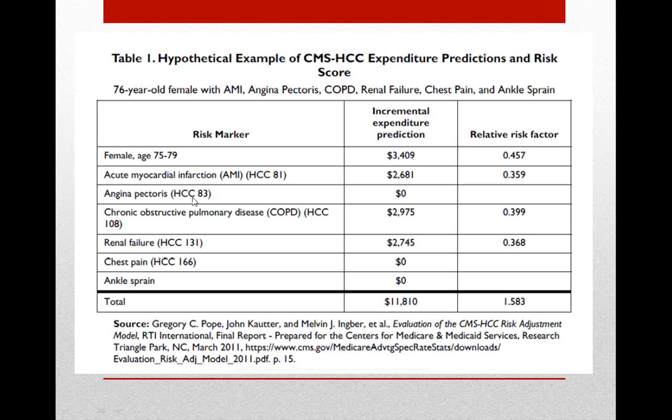This patient had an anterior MI, which trumps angina. It's a higher, the 81 is higher than the 83, so they get the acute myocardial infarction code at 2681. They also get COPD at 2975, renal failure, but they do not get anything for chest pain or ankle sprain. So their relative risk factor is 1.583. Medicare allocates $11,800 annually to that patient.